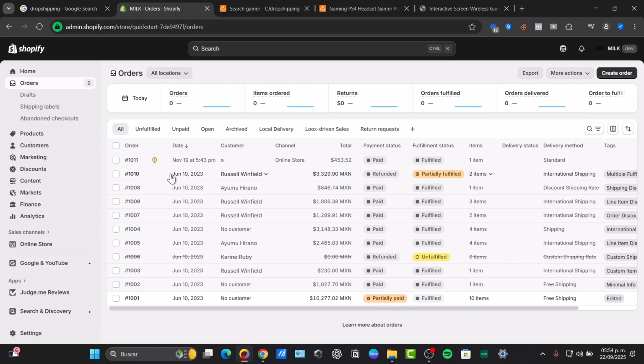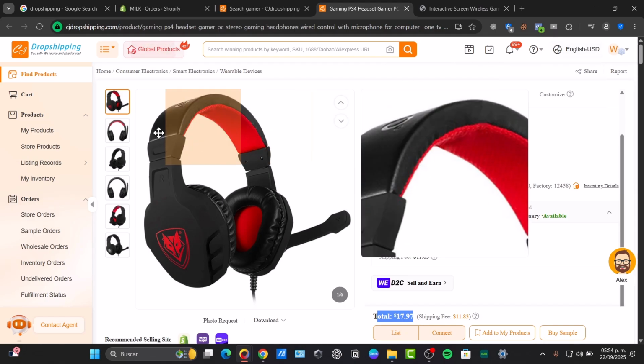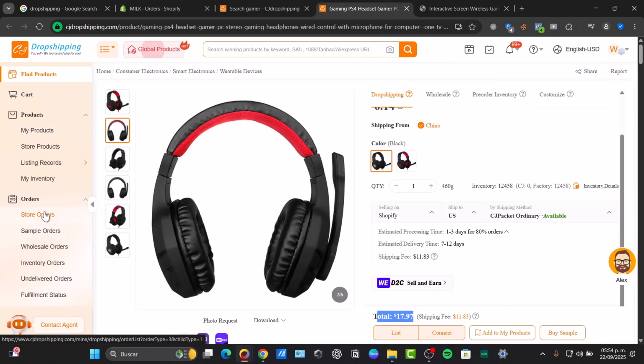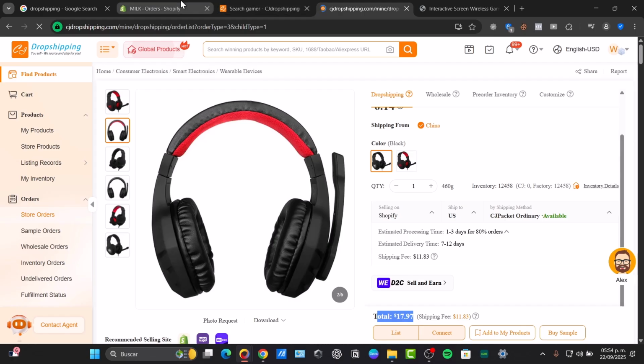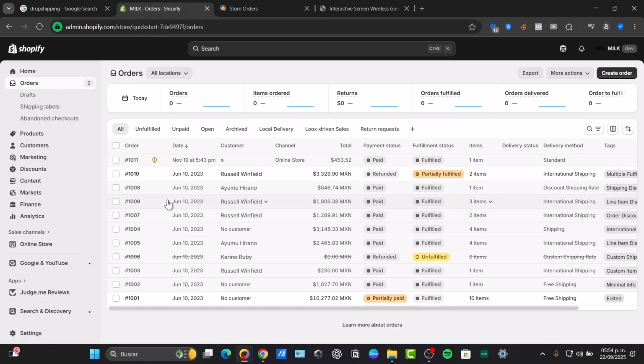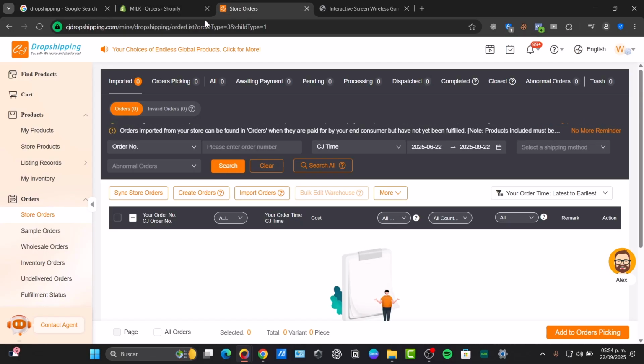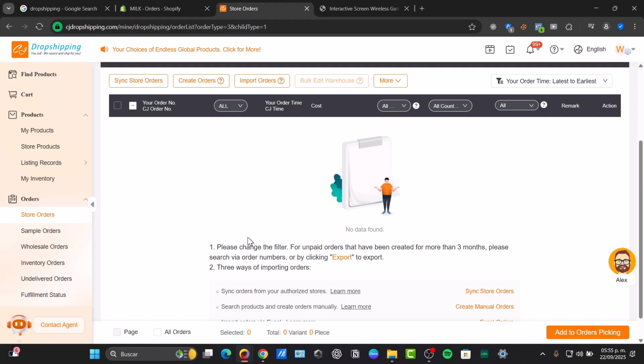When the supplier receives the order and the payment, this specific order goes directly to the CJ Dropshipping section, and it will appear in the store orders. Basically, all of these orders are automatically imported into the dropshipping website that I chose. So this is where the supplier receives the order and the payment.